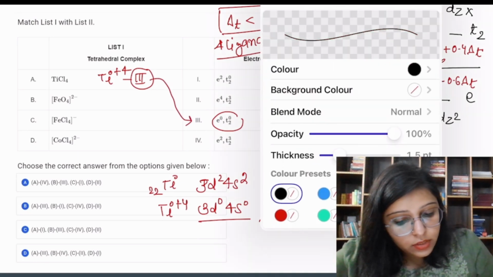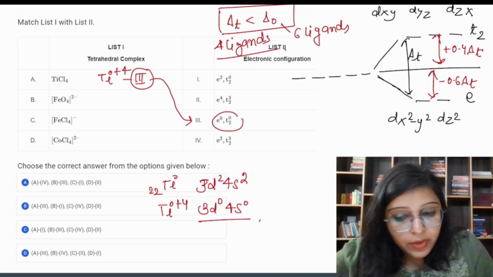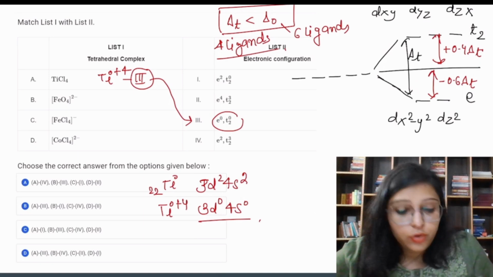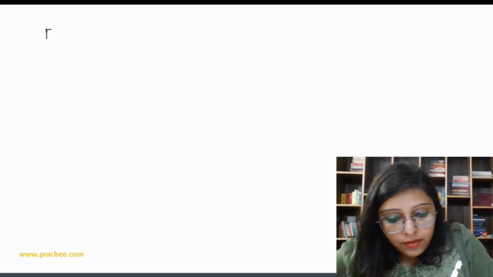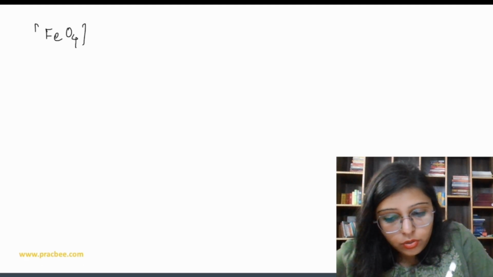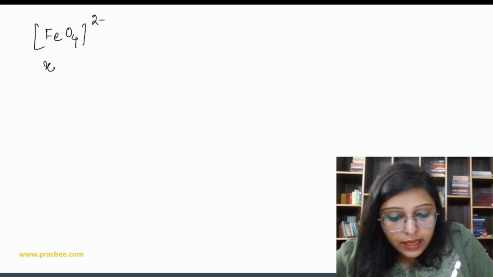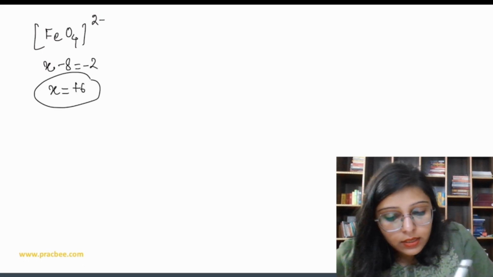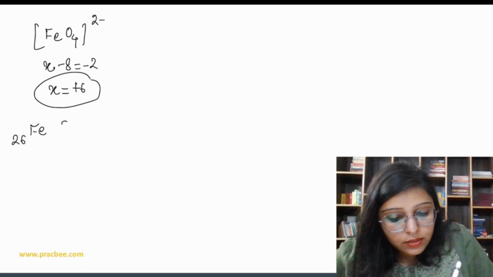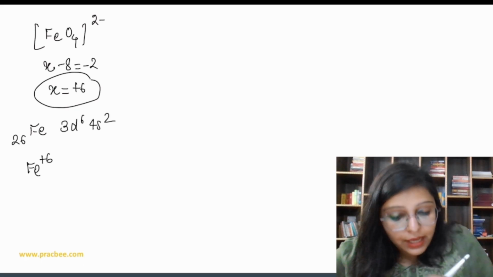Now let's check for this one. FeO4 2 minus. So find out the oxidation state. X minus 8 is equal to minus 2. So X is +6. Iron 26, 3d6 4s2 and iron +6.